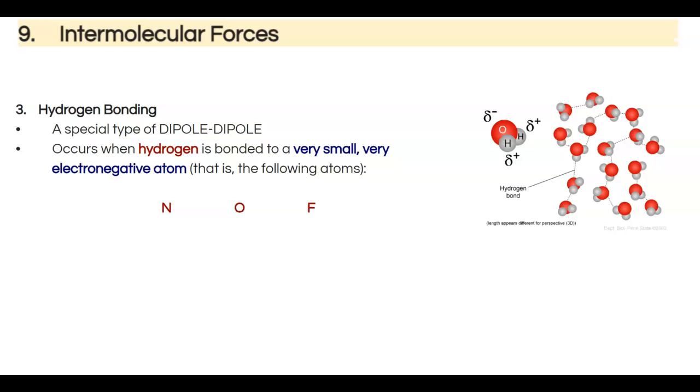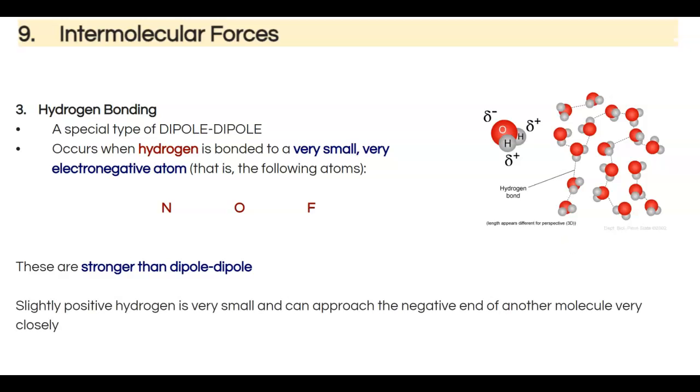So if molecules can get closer together, they're going to feel that force of attraction more closely. All right, so that makes for a stronger force of attraction. And again, those particles can get closer together and therefore create a stronger intermolecular force.